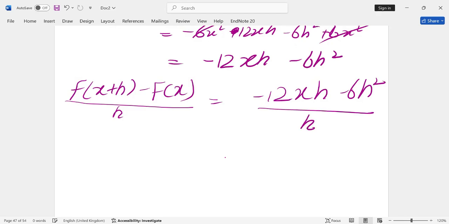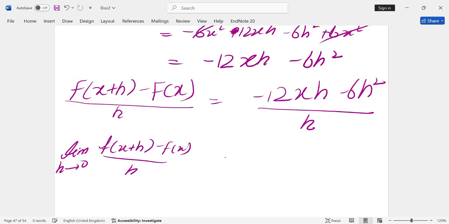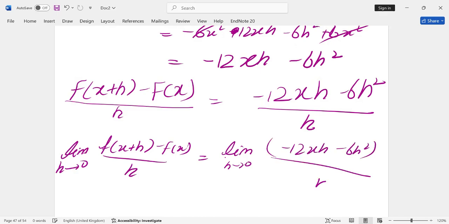So just put the limit, which is h approaches to 0. I'm just writing the whole function. And over here, when the limit h approaches 0, we have minus 12xh minus 6h squared by h, okay?